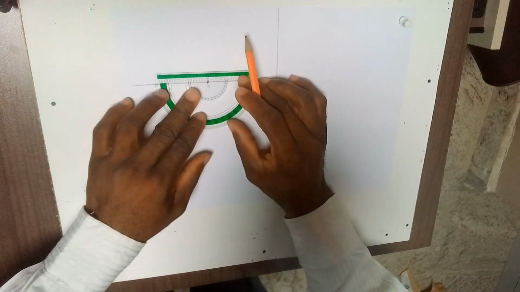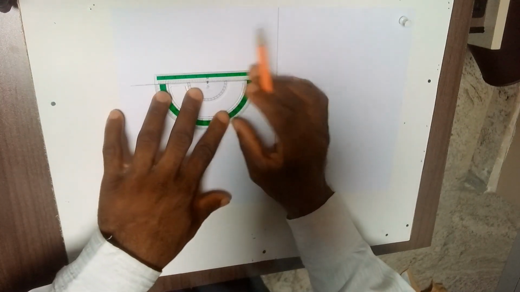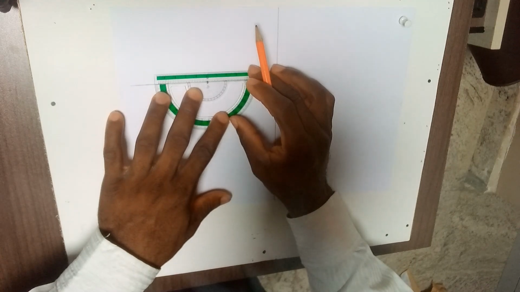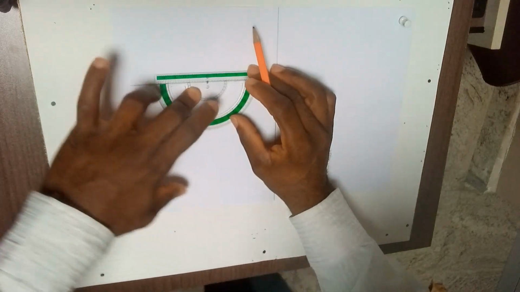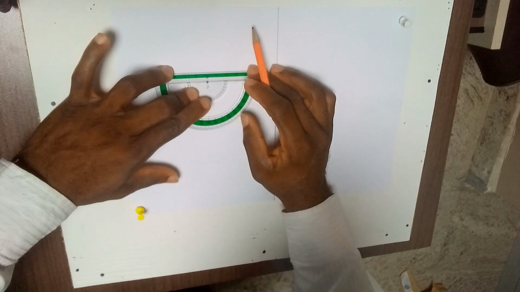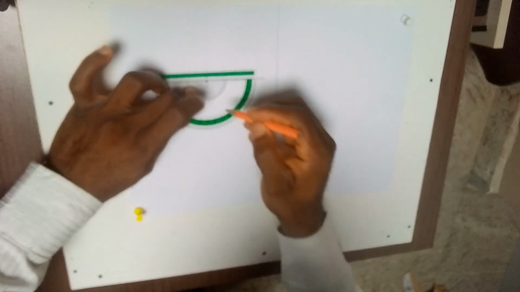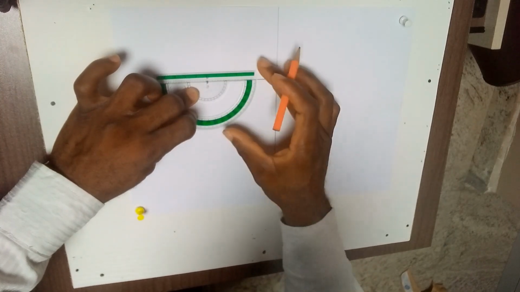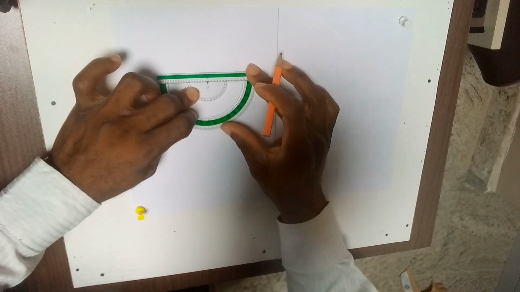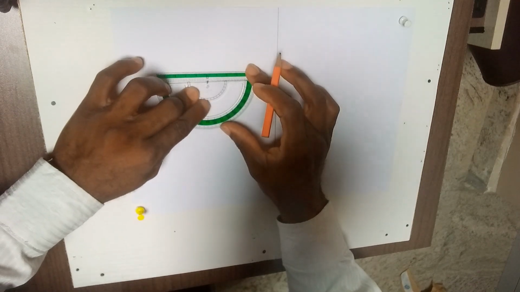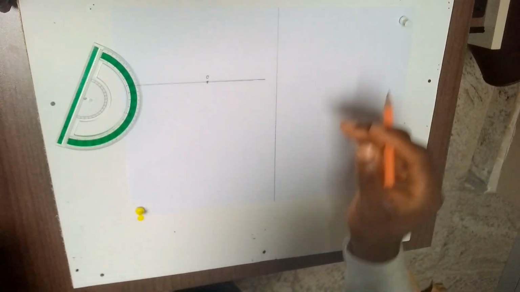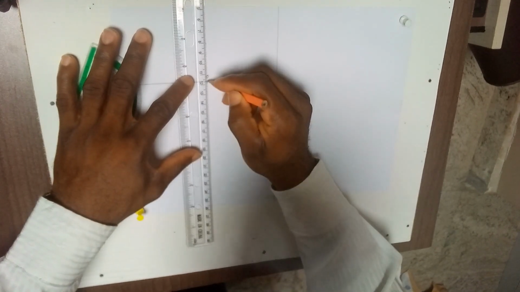So next, I'll put it on the plain paper on that straight line. I want to get the normal line, which is perpendicular to the straight line. On the protractor, that is going to be our 90 degrees. So I am going to get my 90 degrees on the protractor.